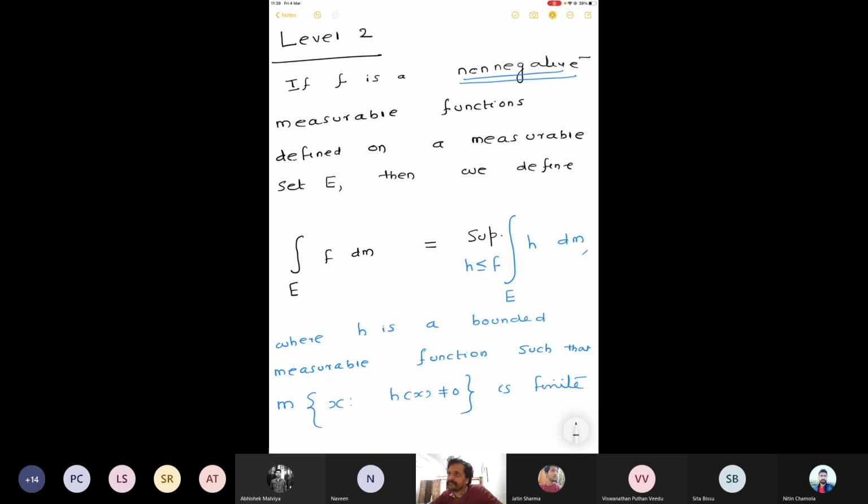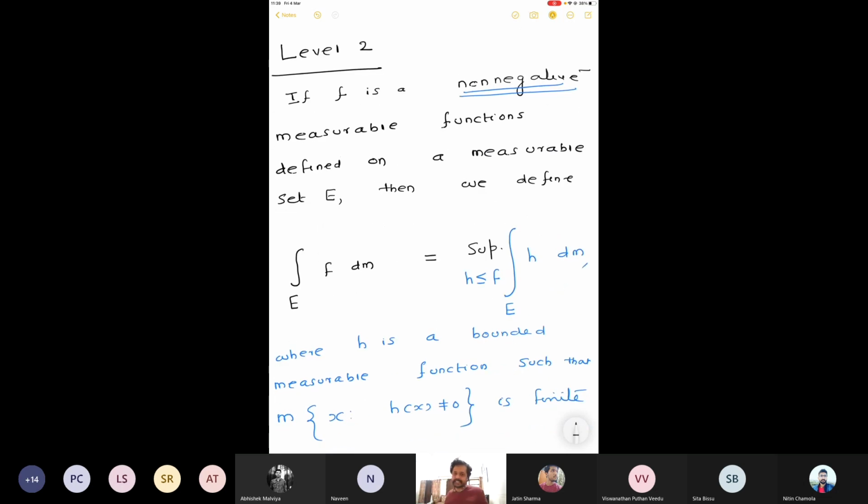Why not through the infimum, by taking bounded measurable functions greater than or equal to f? Can I do that? So these two questions I am leaving to you. One is why I am not defining the infimum of all bounded measurable functions greater than or equal to f. And secondly, where is this non-negativity assumption coming into the picture? Explicitly you may not see it, but it is used. Think about what happens if at some point f becomes negative.